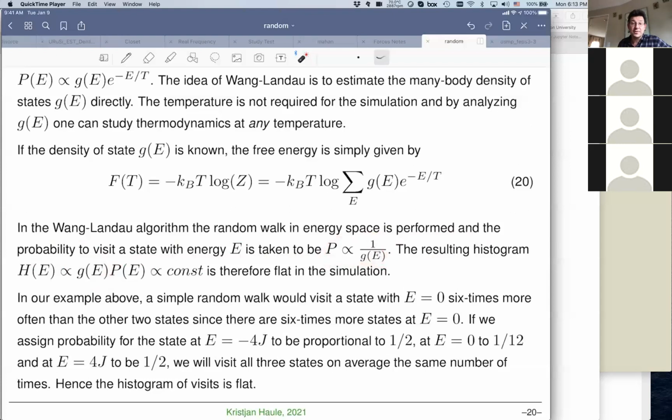On the other hand, we know that the degeneracy of each energy is g(E), so therefore the probability that we're going to visit a state with a particular energy should be roughly constant, or should be constant.